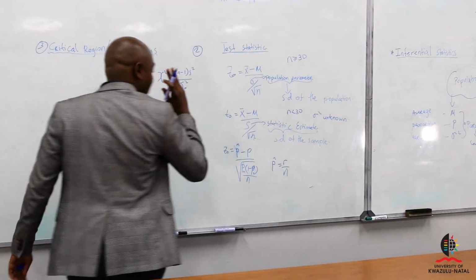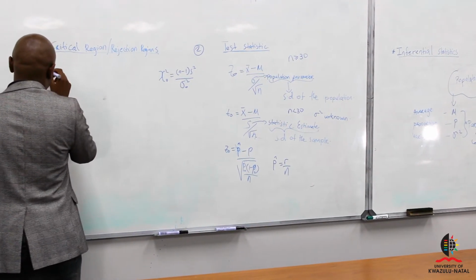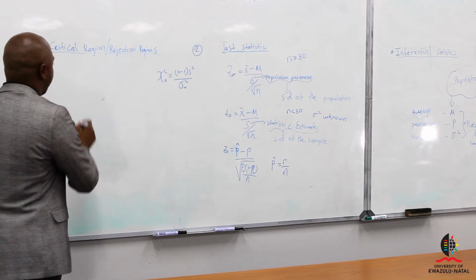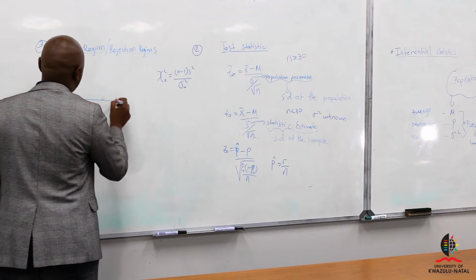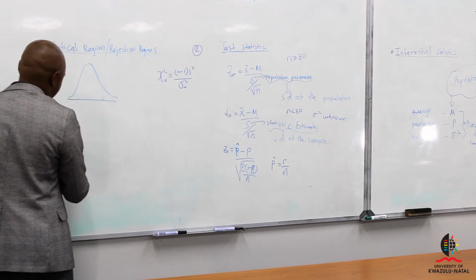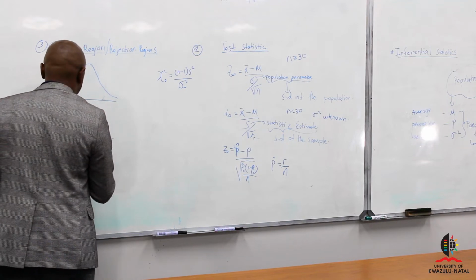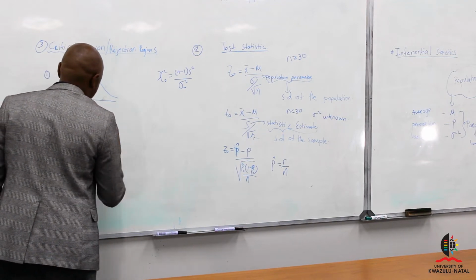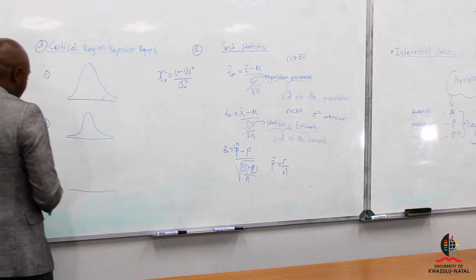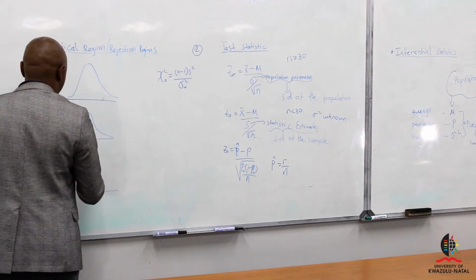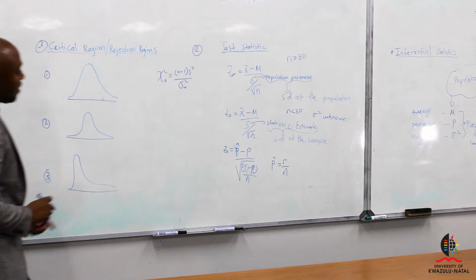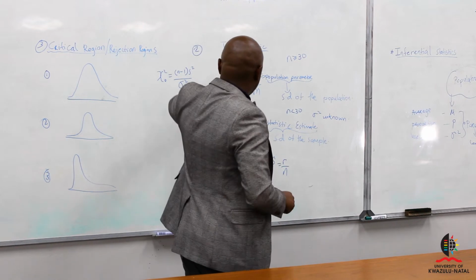So there are three critical regions we'll look at. The first one is the normal distribution. The second one is the T distribution. The third one is the chi-square distribution, which is positively skewed. Listen, guys, you've got Z naught here.